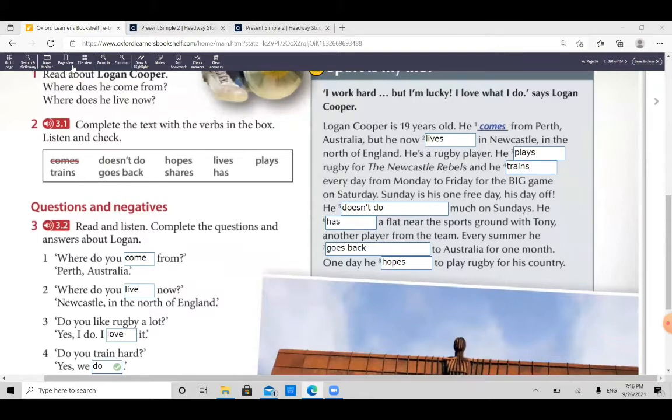Okay. Any question about the text? No, clear. Thank you. If you have a question, just unmute yourself and ask me. If not, let's move on.